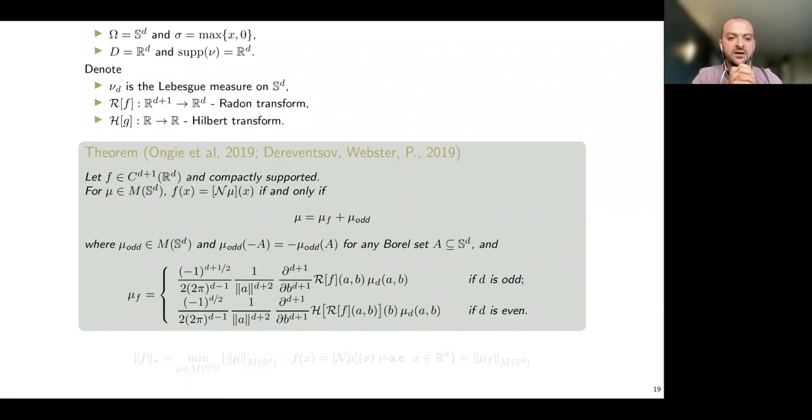So when you flip it, it changes the sign, and the new mu_f is given by the following formulas, which I'm not going to go into details over for the sake of time.